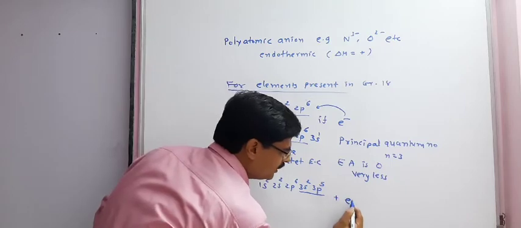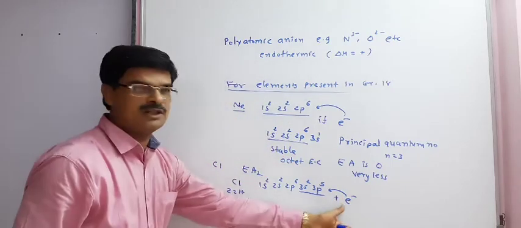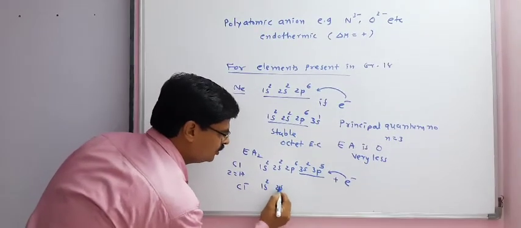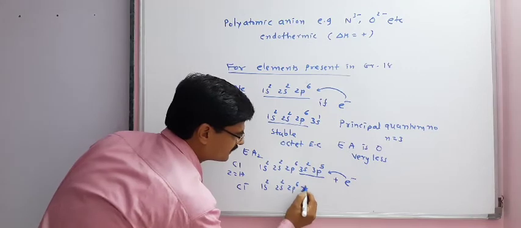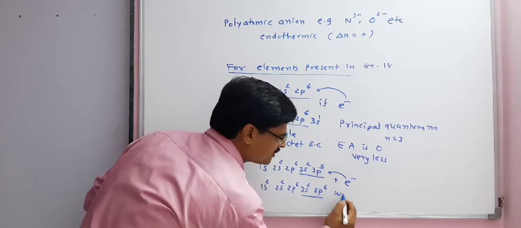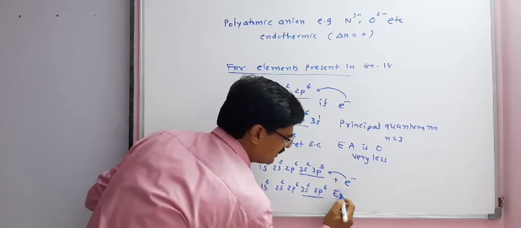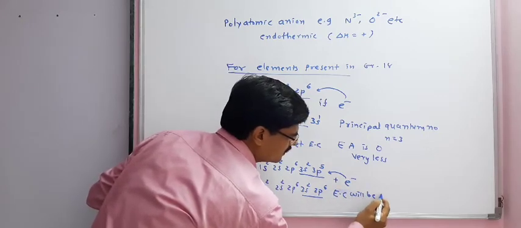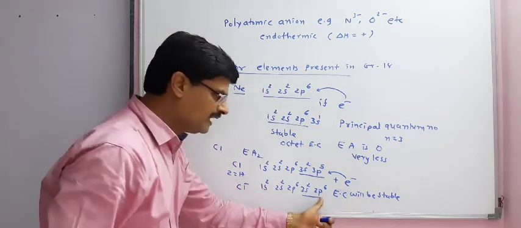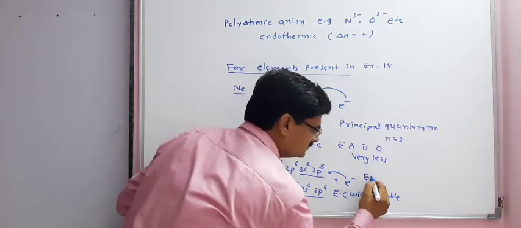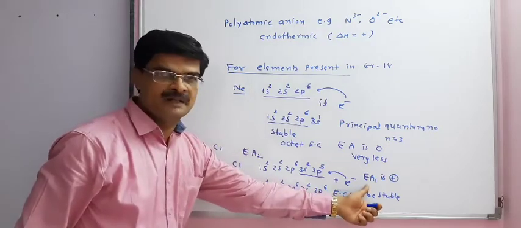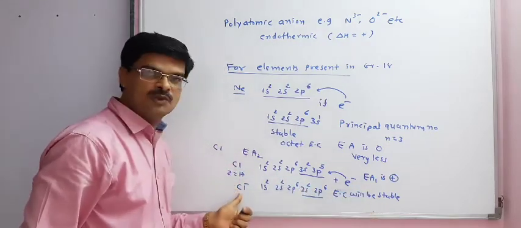If an electron is given, it will be Cl minus, 1s2, 2s2, 2p6, 3s2 and 3p6. The electronic configuration will become stable. So EA1 is positive, meaning energy will be liberated when Cl is converted to Cl minus.